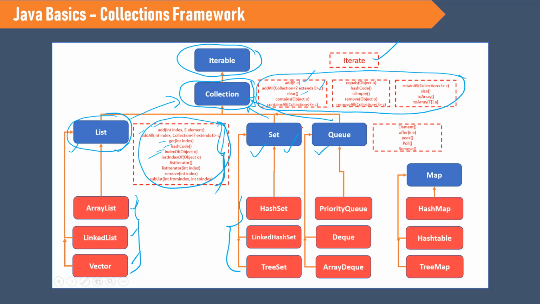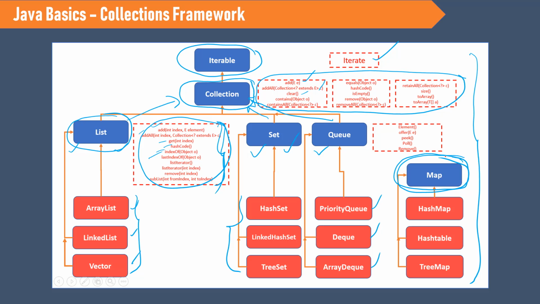And similarly for queue, we have priority queue, dequeue and array dequeue. And we have another interface called map. It doesn't extend any of these interfaces like the collection interface or iterable interface. This is a separate interface here. Even though this is a separate interface, this is still under the collections framework.